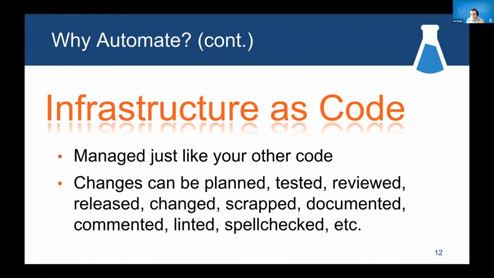It allows you to make changes and plan changes, test changes, review changes, all the good stuff that you do with your regular code bases now applies to your infrastructure. And I should tell you all that you narrowly avoided me using some truly garish word art, because I couldn't figure out how to get it into Google Slides, but just be thankful that all you had to deal with was the little reflection there. Can we get the next slide?